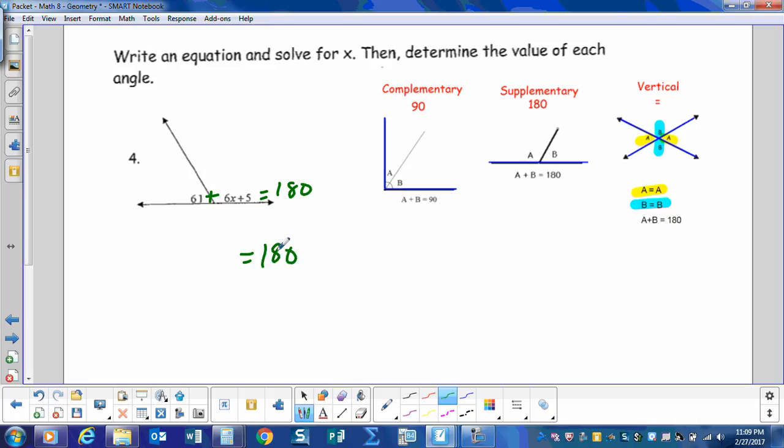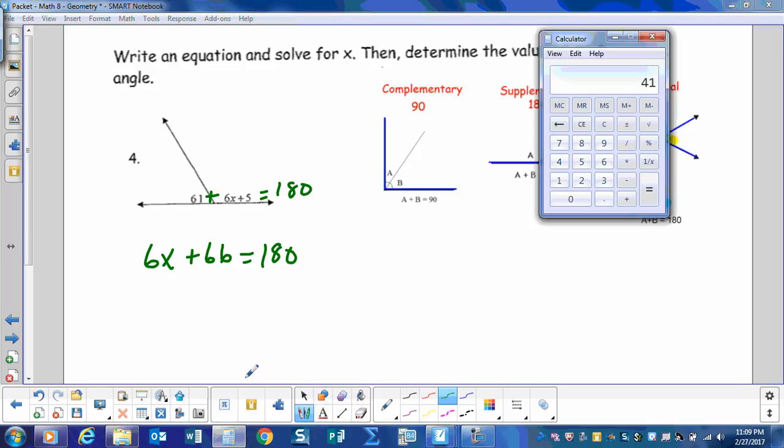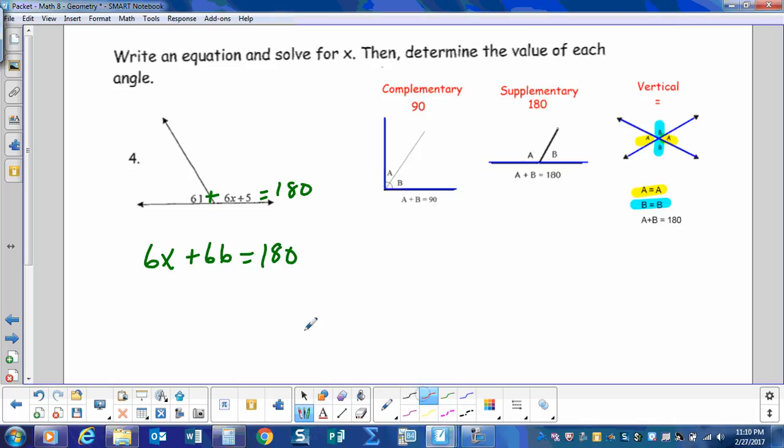So let's go ahead and combine some like terms. We have a 6x, and then we have a 61 and a 5, so plus 66. So now we need to subtract 66 on both sides.